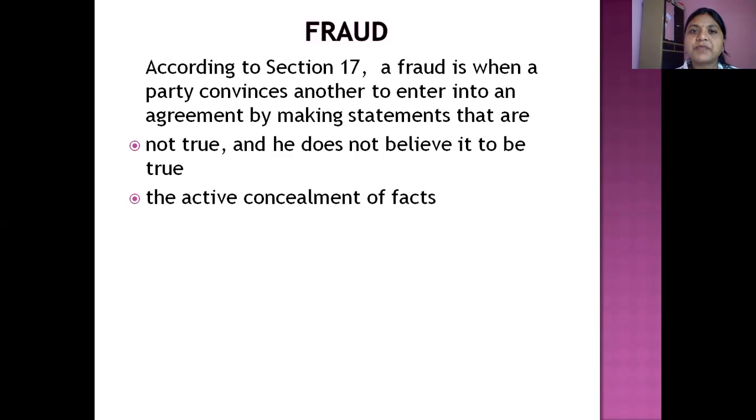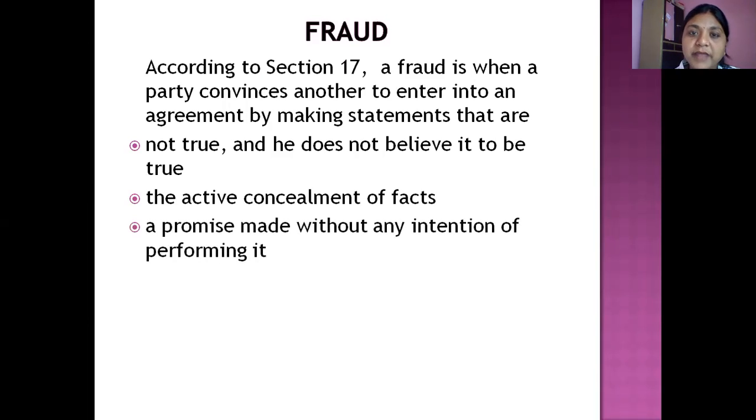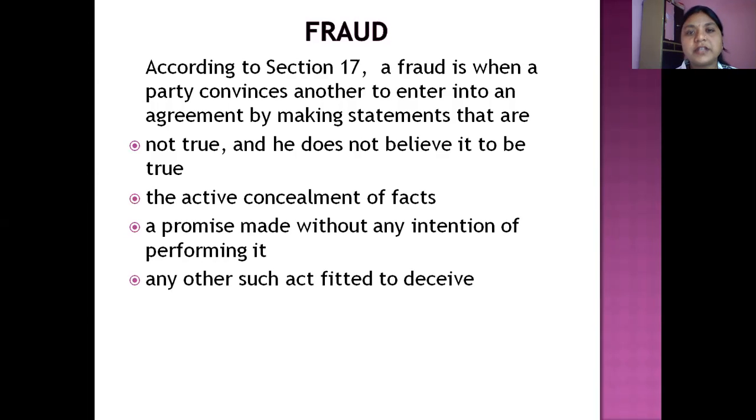It means people knowingly hide a fact from another party to deceive them. A promise made without intention of performing it: when a party makes a promise which he knows he is not going to perform, it is fraud. Any other act fitted to deceive is called fraud. This again makes the contract voidable.